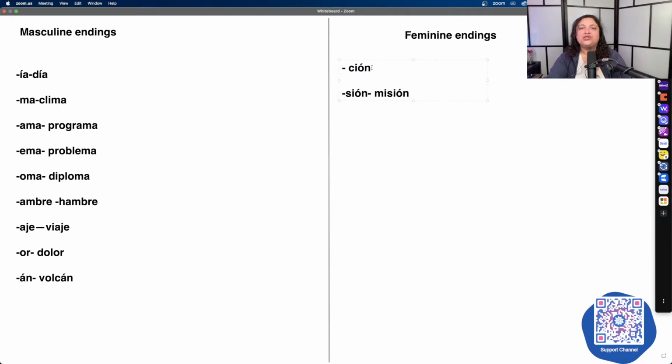La misión, the mission. For SIÓN, let's do canción, the song. Words ending in DAD, like ciudad, city. TAD, like libertad, liberty.